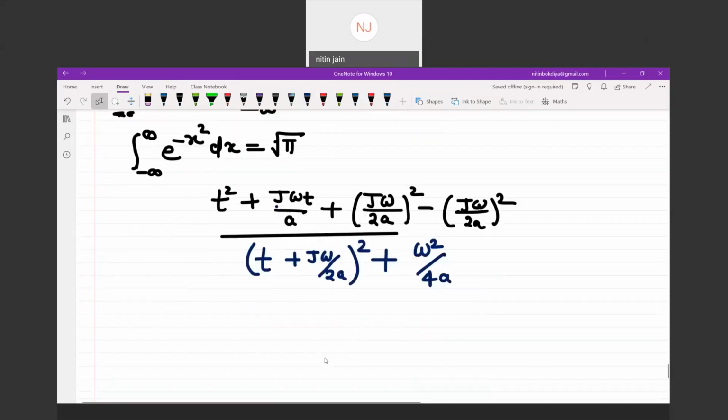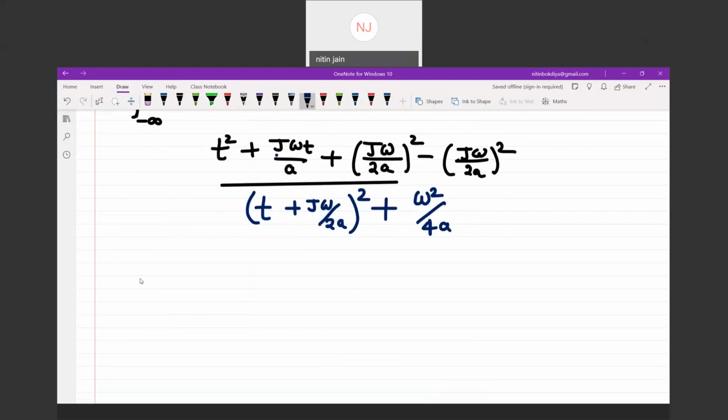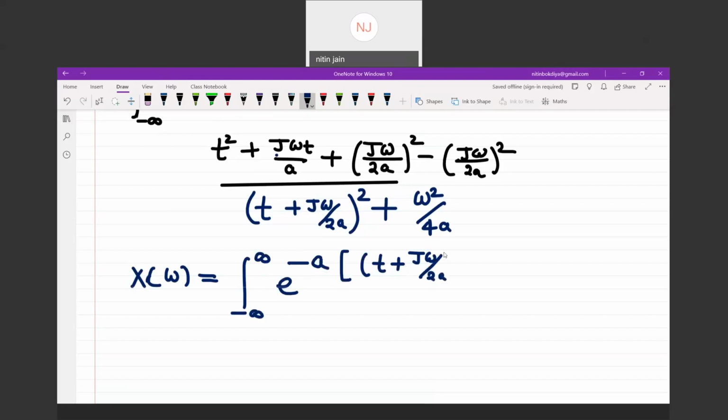Now just replace that in the integral. We have X of omega equal to the integral from minus infinity to infinity of e to the power minus a times (t plus j omega by 2a) whole square, plus omega square divided by 4a square, into dt.